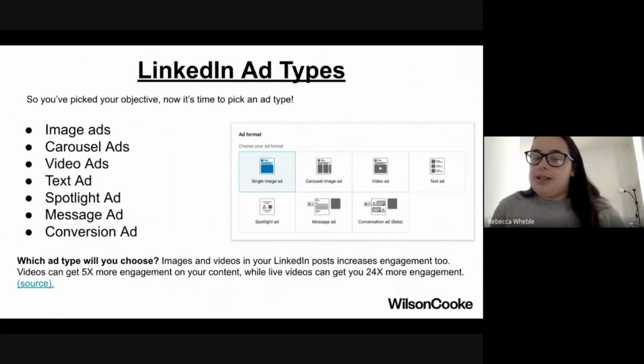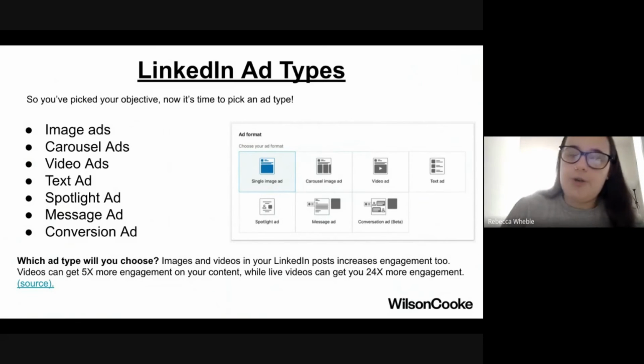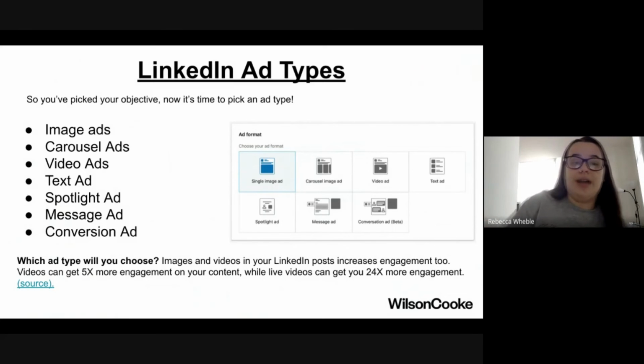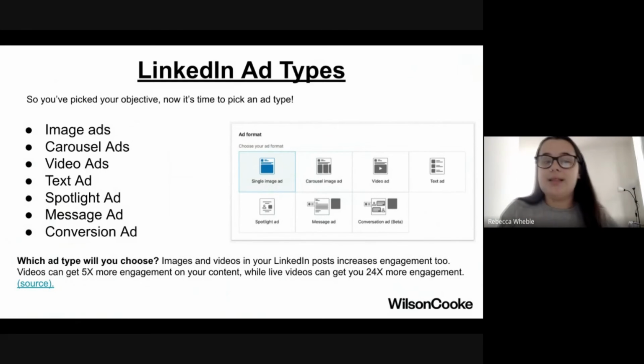Images and videos in your LinkedIn posts increase engagement too. Videos can get 5 times more engagement on your content, while live videos can get you 24 times more engagement. This goes back to what I said in my last learning lunches as well. Video is massive. If you have good video content, utilize it and use it on ads.